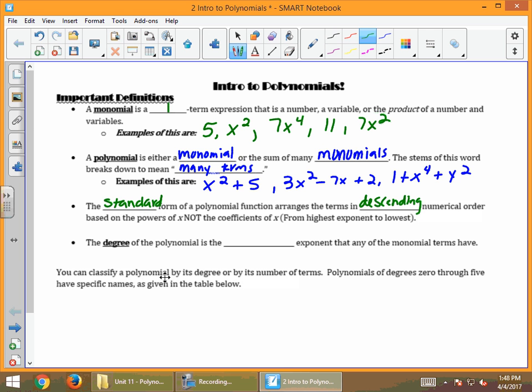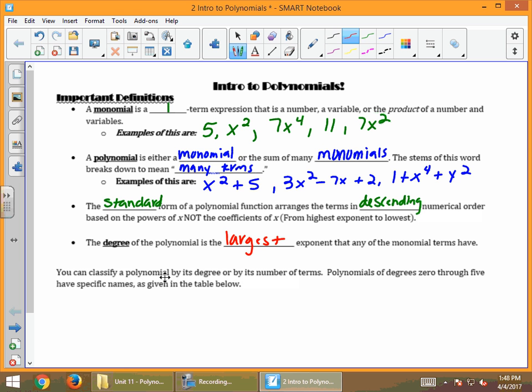It has nothing to do with the coefficients. Always just the exponents. The degree we talked about yesterday, the degree of a polynomial is the, very good, biggest exponent of any monomial term. Questions over the vocab section?